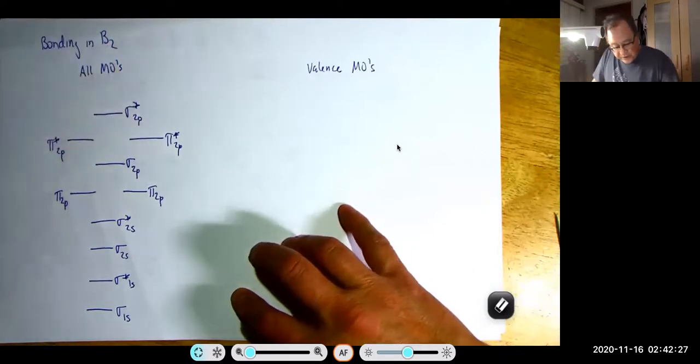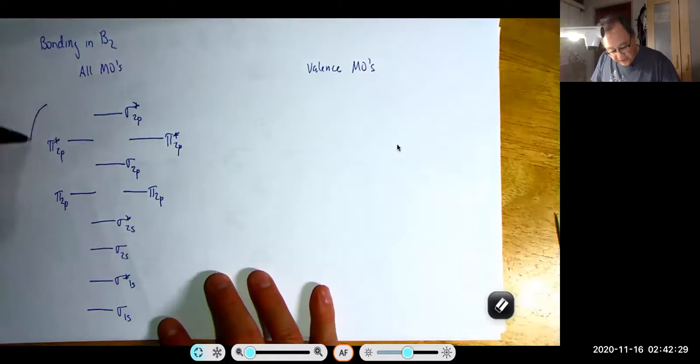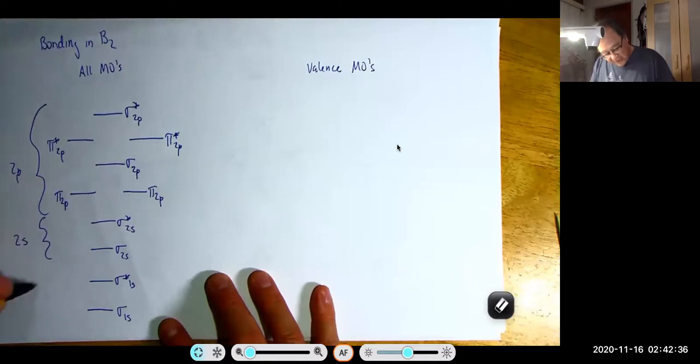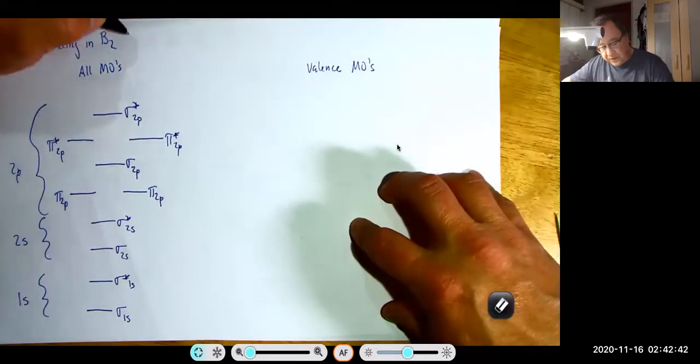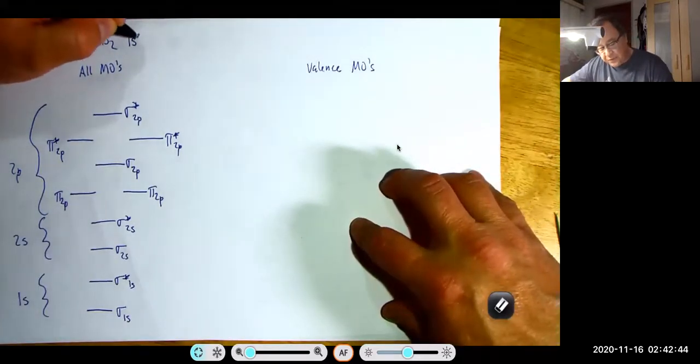What you should notice here is that all of these are from the 2p. These are from the 2s. And these are from the 1s. Because the electron configuration of boron is 1s2, 2s2, 2p1.